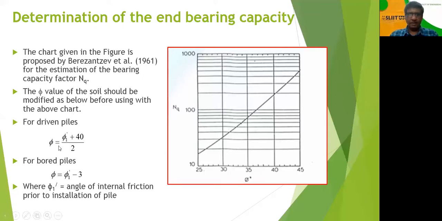For driven piles, the phi value is increased up to phi equal to 40, but if it is above 40, it will decrease, right? But for bored piles, after installation, the initial phi value will decrease, right? So you have to use those modified phi values in your calculation.